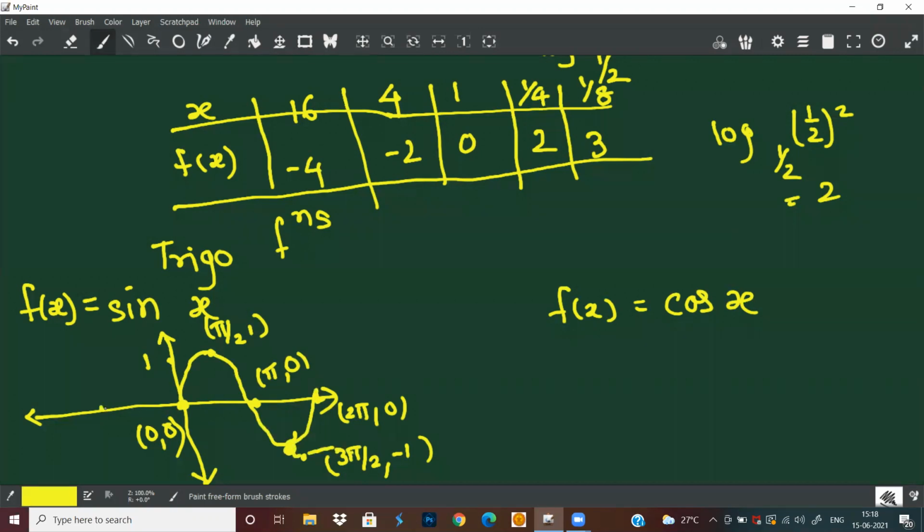ये बाजू अगर जाना है तो दिस इज -π. करेक्ट. What is sine of -π/2? Minus sine of π/2. Sine of minus theta is minus sine of theta, which is minus sine of 90, which is going to be -1. Getting it?